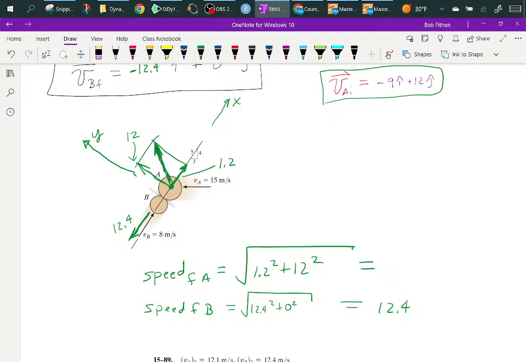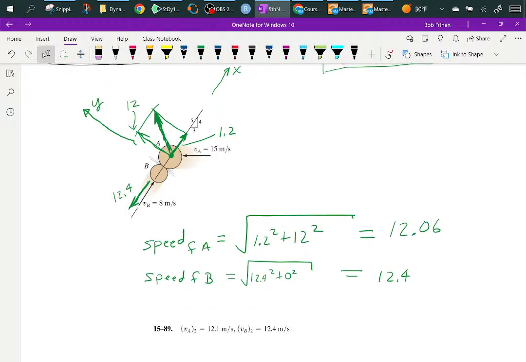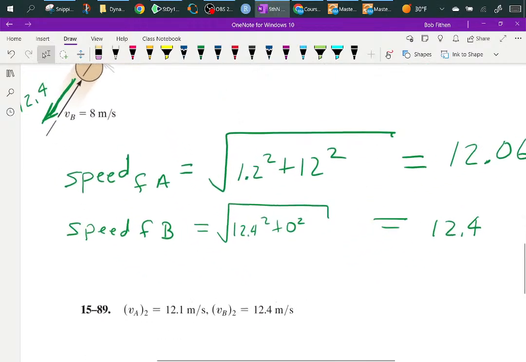I'm going to rely on the picture mode to do that one, because it did it before. I think it should be able to do it again. And it's 12.06.